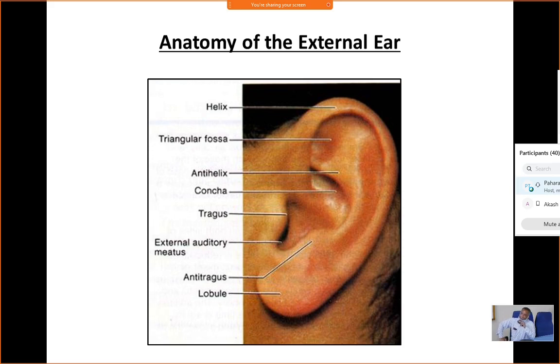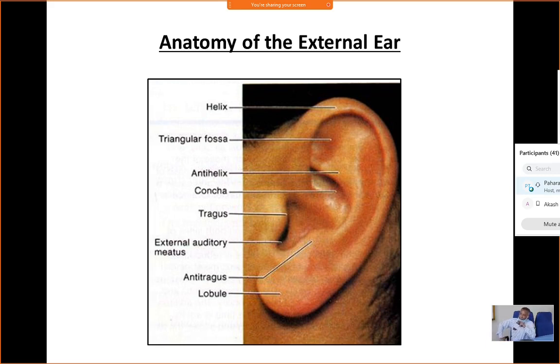Then at the anterior as well as lower aspect of the pinna, there is another cartilaginous elevation called the tragus. From the tragus, our external auditory meatus ultimately starts.